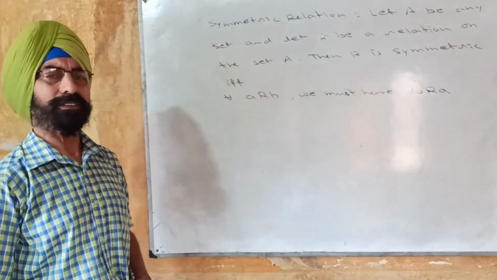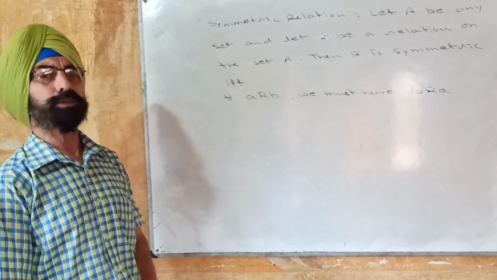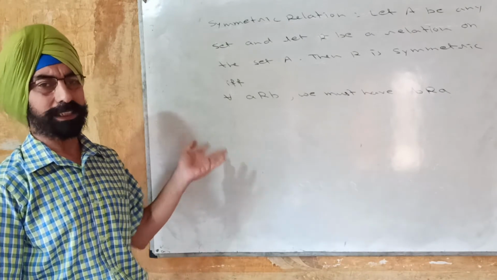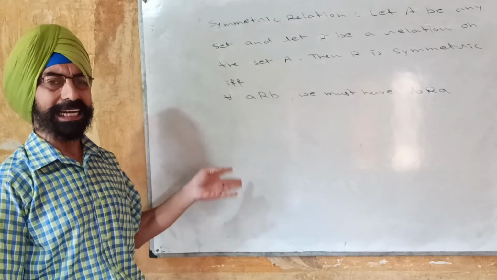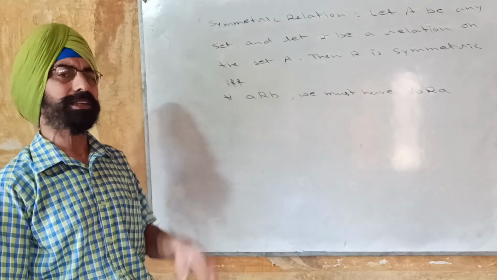That means if (1, 2) is there in the relation, then (2, 1) must also be there. If (U, W) is there, then (W, U) must also be there. If (A, X) is there in the relation, then (X, A) must also be there.